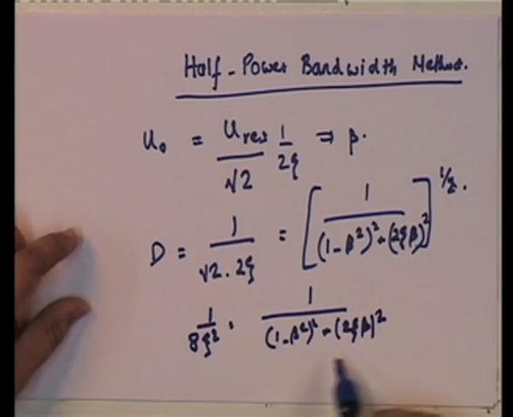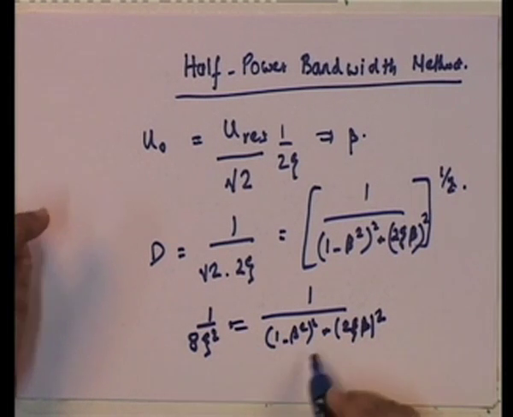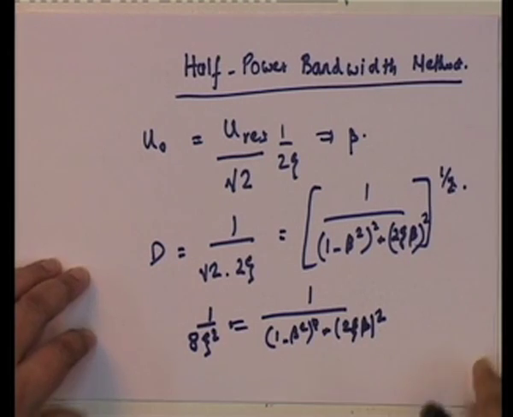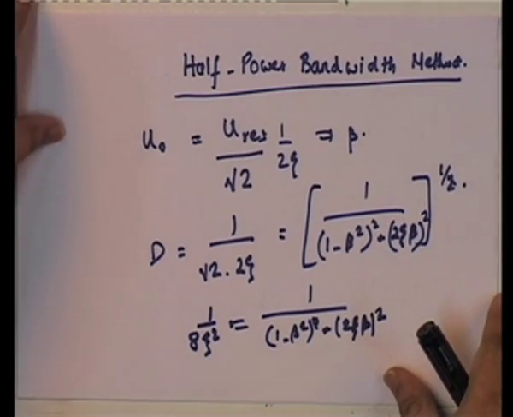If you look at it, this becomes a quadratic in beta squared, and I am not going through the entire process here because it's fairly trivial and you can get it.